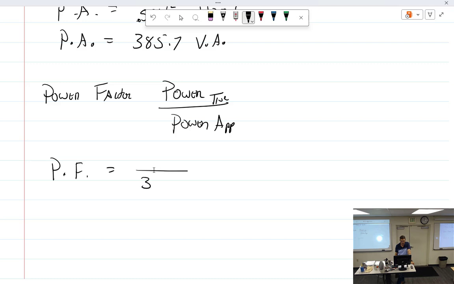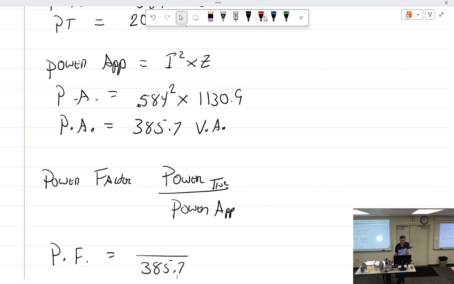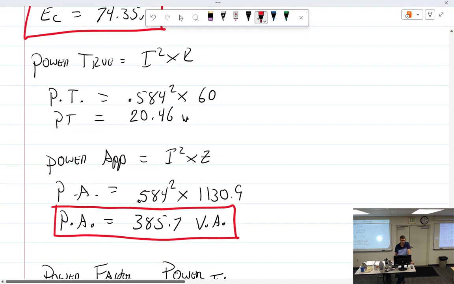So then we get 20.46 divided by 385.7. What place would you round to? 2 or 3 every time.